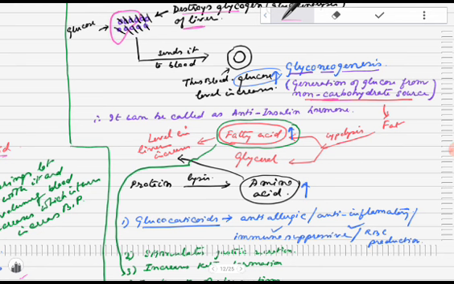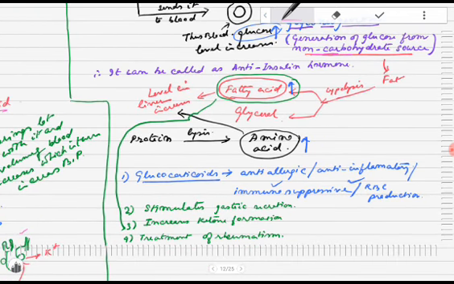So the fatty acid level increases, and the protein breaks down, proteolysis takes place into amino acids, and amino acid level increases, and thus the amino acid level in the liver increases.